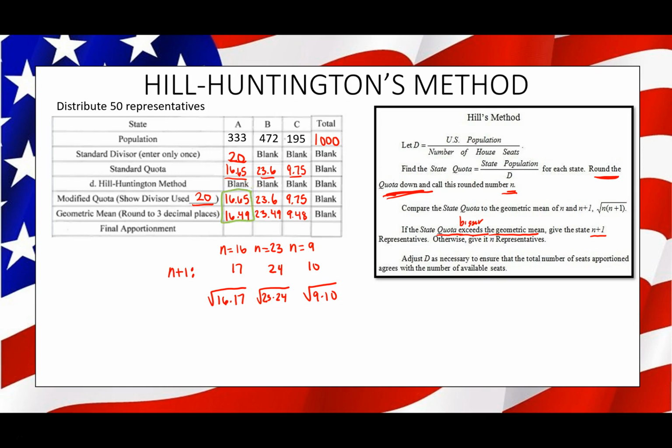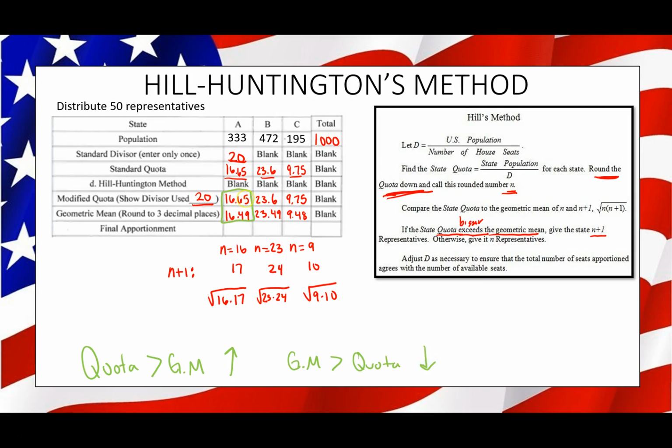Which one's bigger? Okay, the quota is compared to the geometric mean. So if the quota is bigger than the geometric mean, you're going to round up. If your geometric mean is bigger than the quota, you're going to round down.